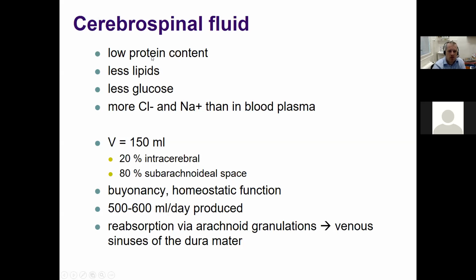So if you measure concentrations of some molecules, you should have in mind that the reference values would be different from those in the blood plasma.